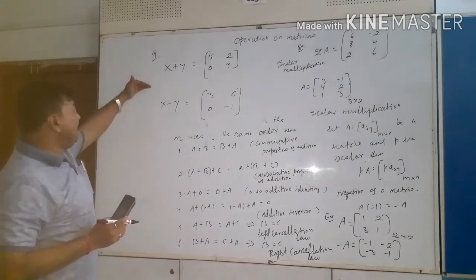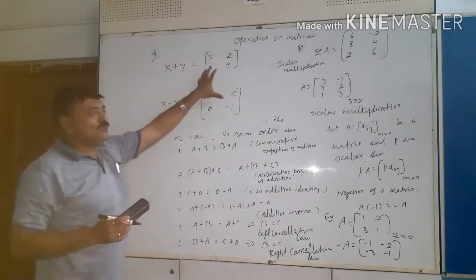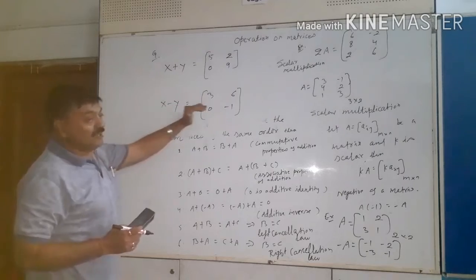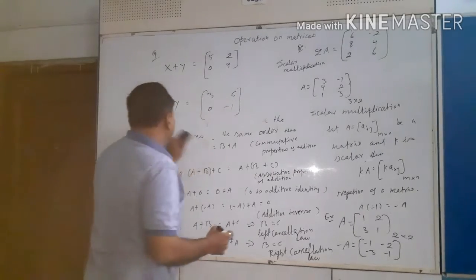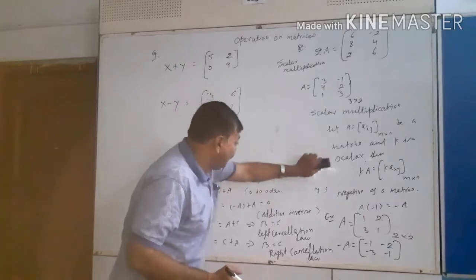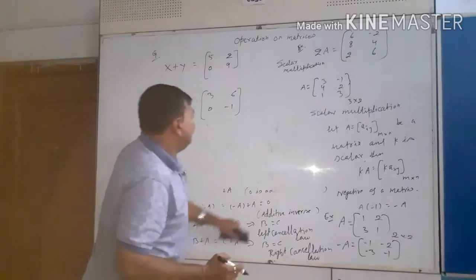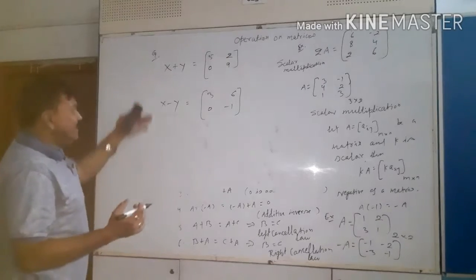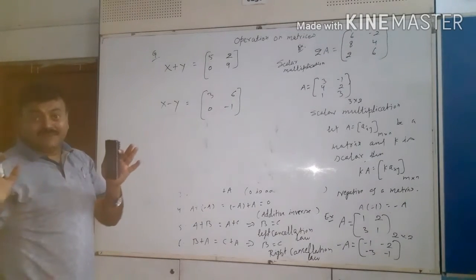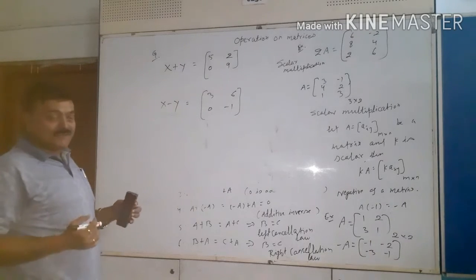Now we have to find the value of the x and y matrices. See, the two matrices are given as x plus y and x minus y. We have to find the x and y matrices separately. Very easy. It is like a linear equation in two variables.